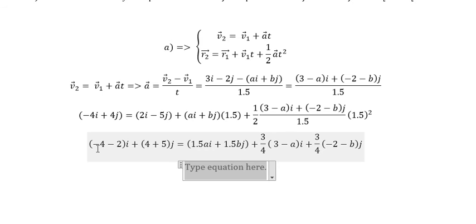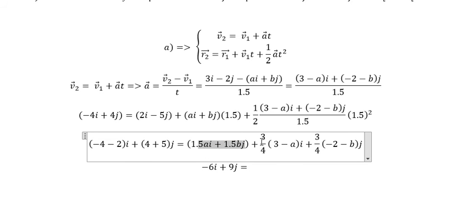The next one, we have negative 4 minus negative 2, that's negative 6i. 4 plus 5 is 9j. This one we keep the same.